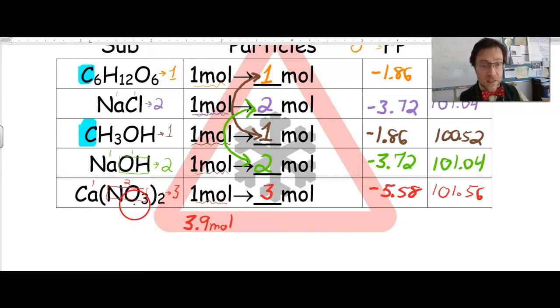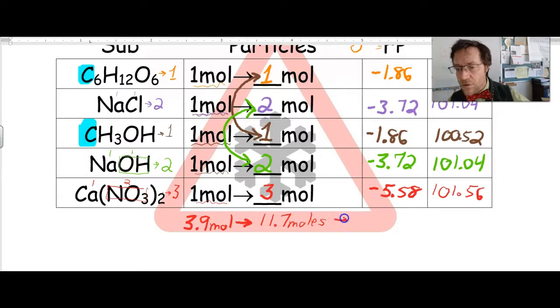If you have 3.9 moles, how many particles do you have in all? Well, you're going to take the number of particles and multiply it by the number of moles, and you're going to get 11.7 moles of dissolved particles, right? Because 1 mole makes 3, 3.9 makes 11.7. You dig?